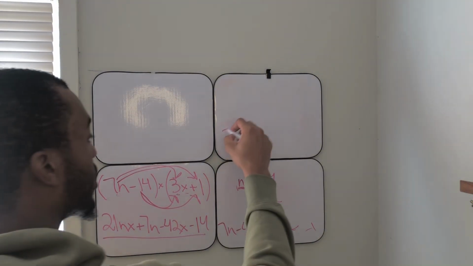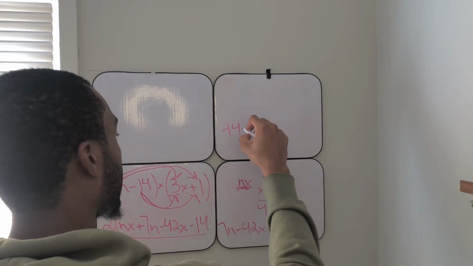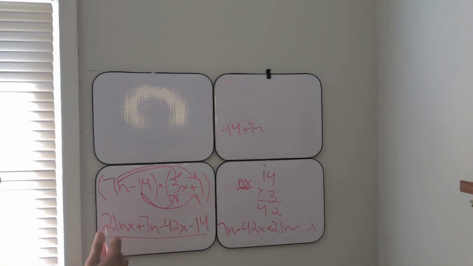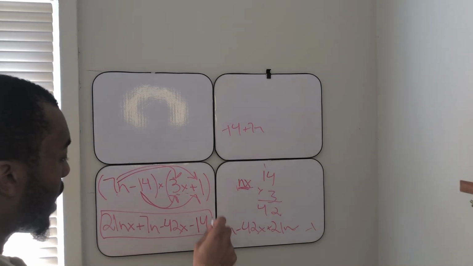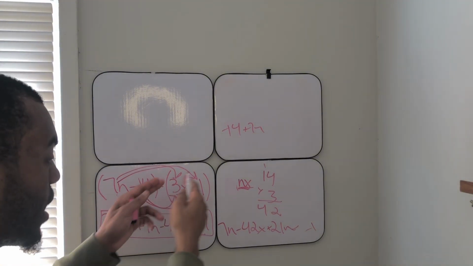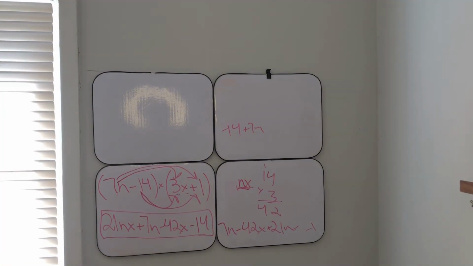Or we could put the negative 14 first and then plus 7n. It don't matter how we arrange it, but the answer is, when we combine what's in this parentheses and we multiply that by what's in this parentheses, what we get is 21nx plus 7n minus 42x minus 14.